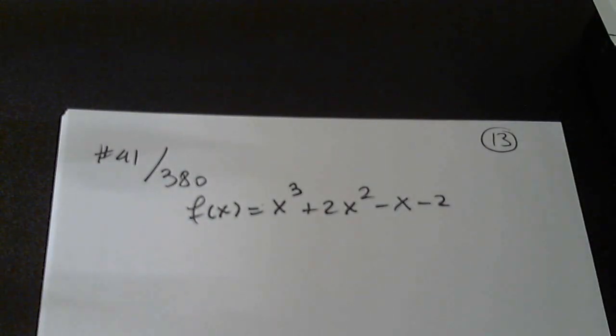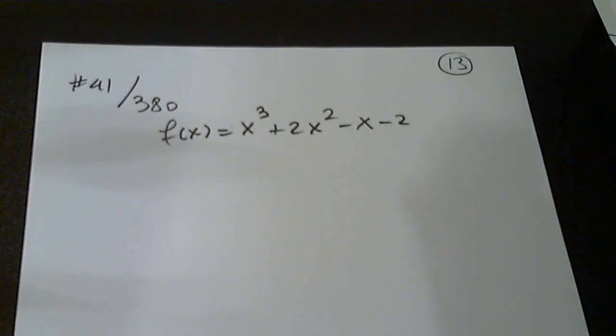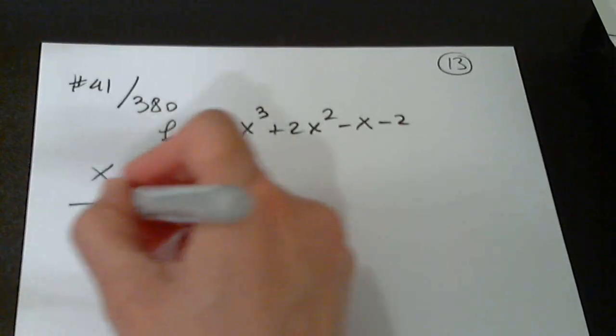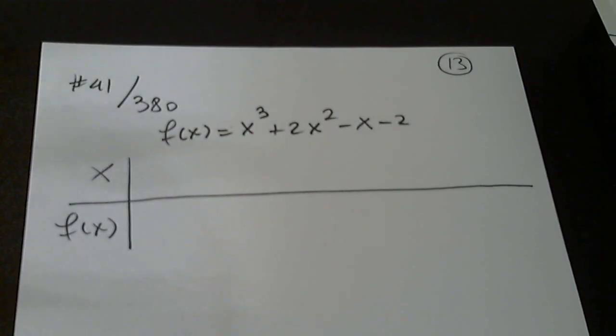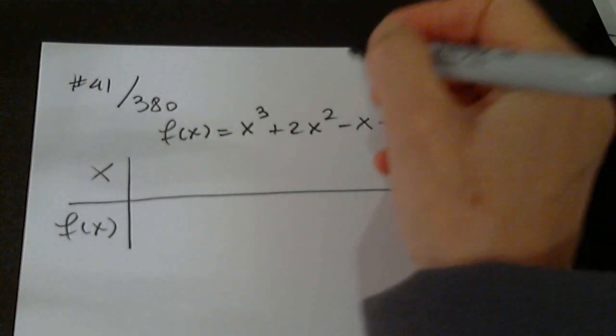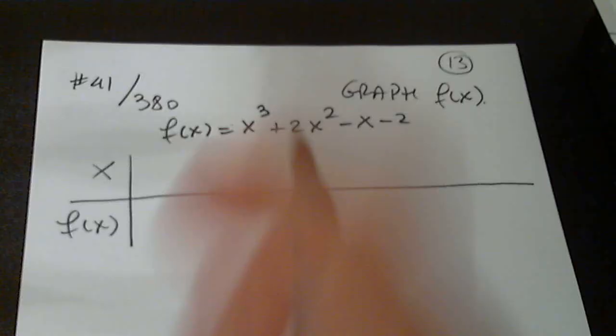For linear functions and quadratic functions, we really didn't need to use a table. But here we would use a table of ordered pairs. So the question here is, graph this function. Graph f of x.